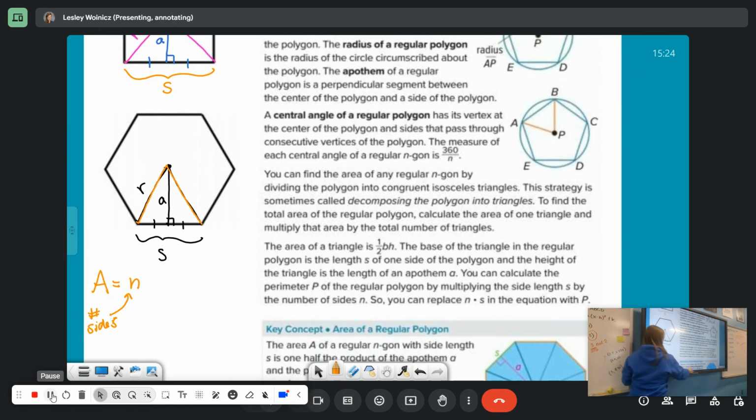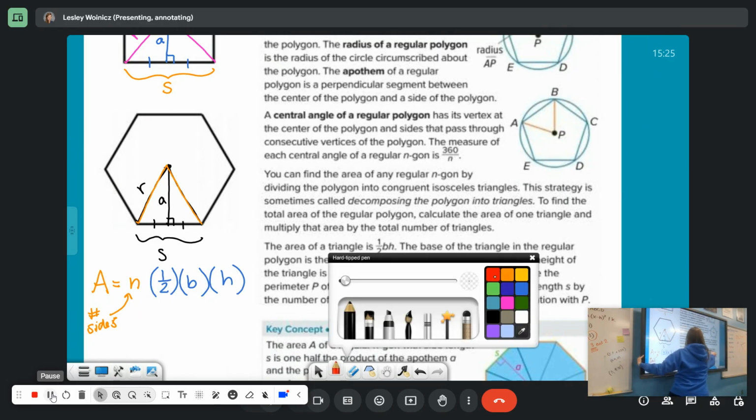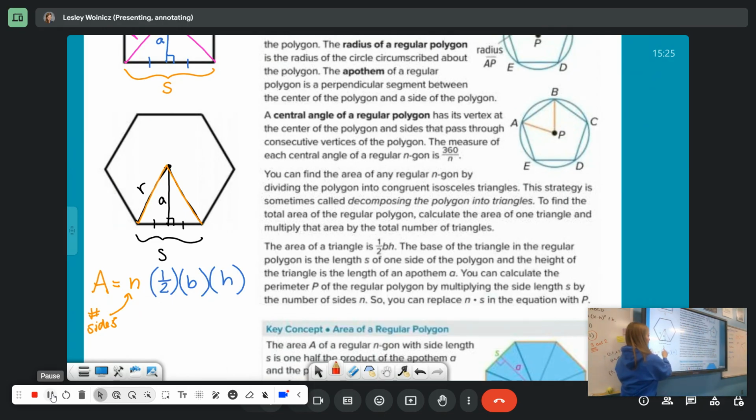Okay, and then the area formula for a triangle is 1/2 times the base times the height. What is the base of this cute little triangle? Yes, S, the side length. Okay, what is the height of this cute little triangle? The apothem.